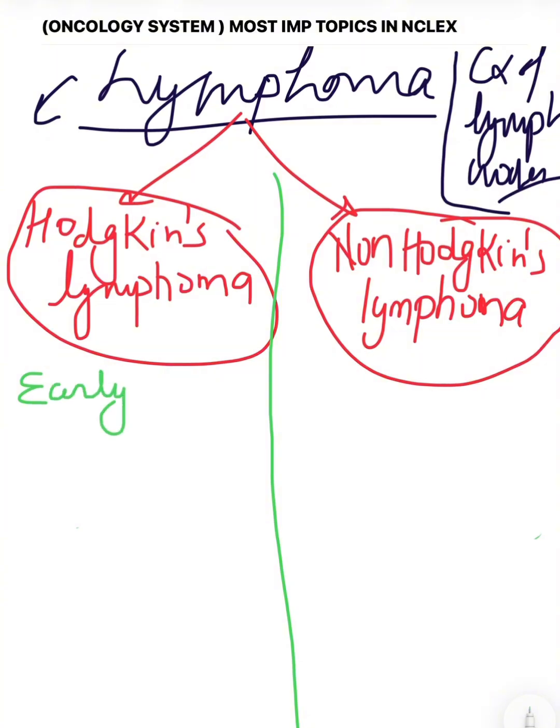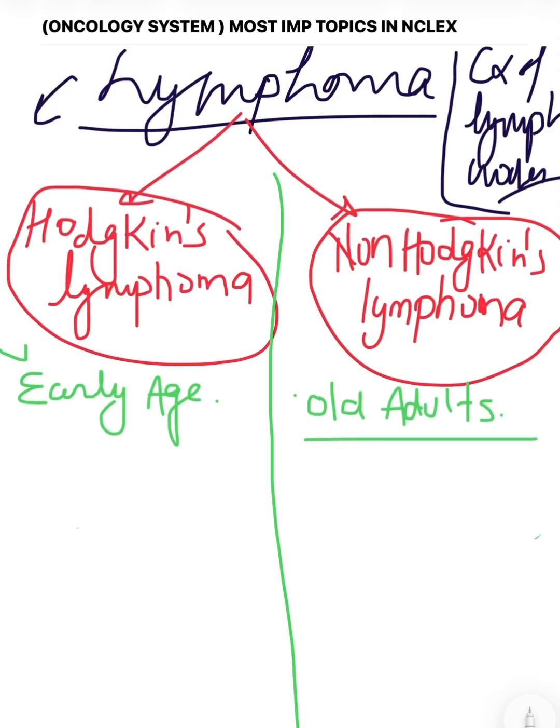In non-Hodgkin, it occurs in older adults. I repeat: lymphoma is a cancer of the lymph nodes. There are two types, Hodgkin and non-Hodgkin. Hodgkin occurs in early age, and non-Hodgkin occurs in older adults.